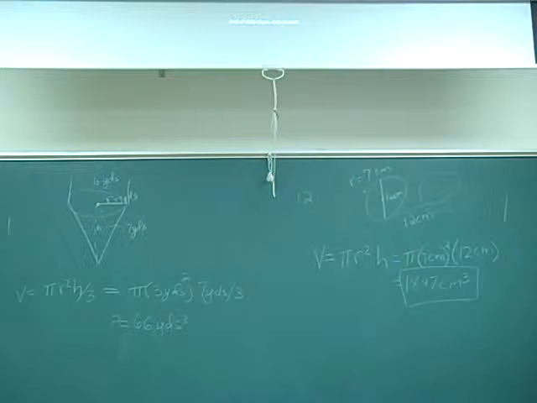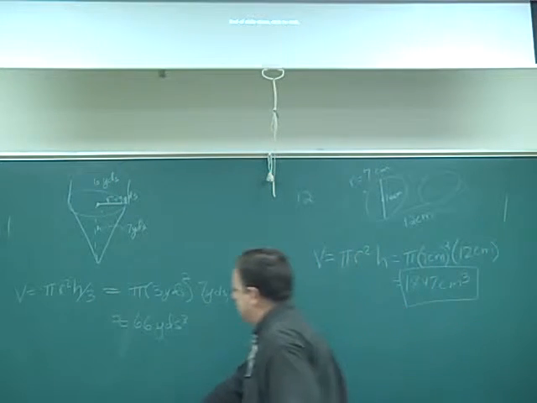Okay. Let's look at problem number 18. Here we have a sphere, right? And we want to find the volume of a sphere. Well, this time they gave us the radius.